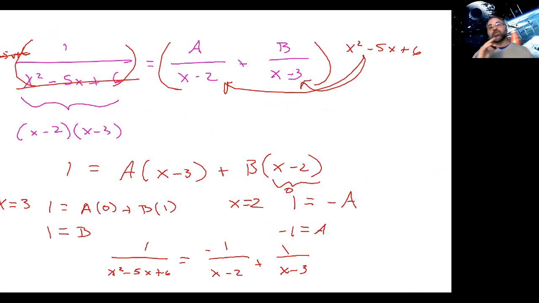That's if it's a unique quadratic factor. I'm going to show you what happens with a repeated linear factor in a minute. Repeated linear factors can be treated a little differently. It's okay if you forget this part, because in the end it still works out, but it's a little easier to set up if you remember it's a repeated linear factor.